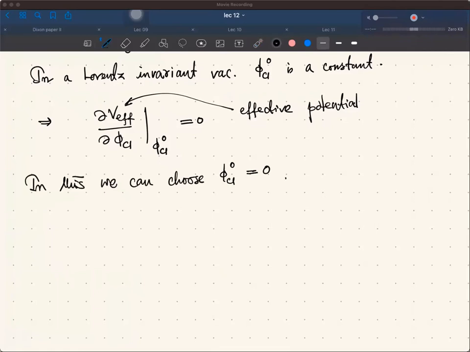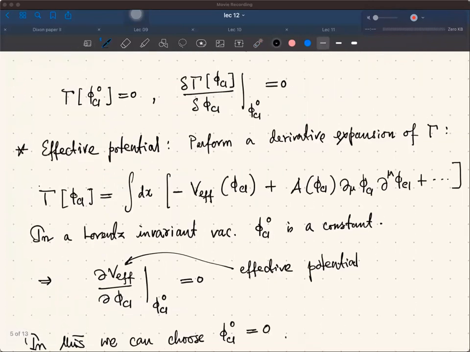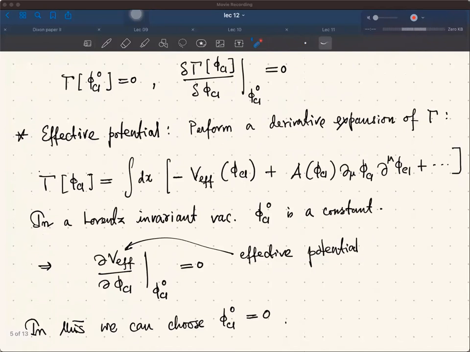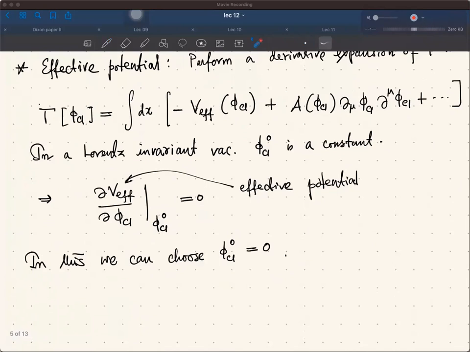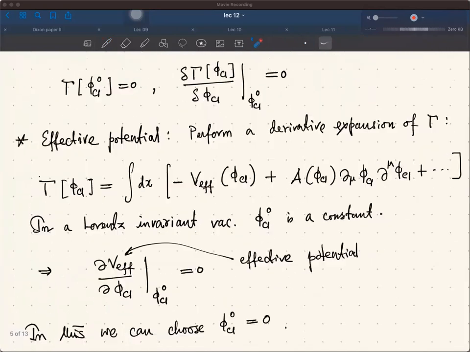So then you can do a Taylor expansion around that configuration, and that will be a functional Taylor expansion of gamma of phi CL around phi CL equal to phi CL0 equal to 0. We will look at that later, but now to make connection with the calculation we did earlier, let us look at the definition of gamma.